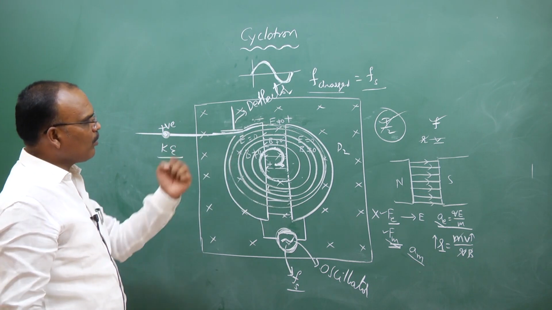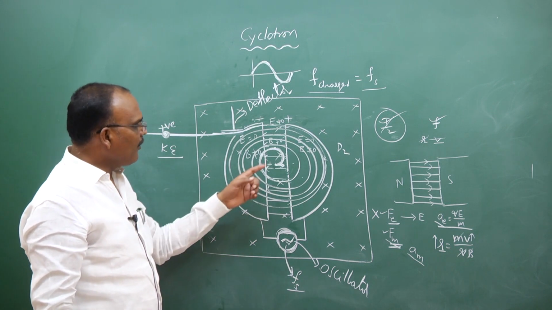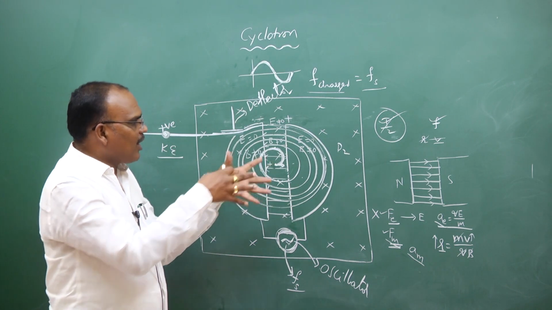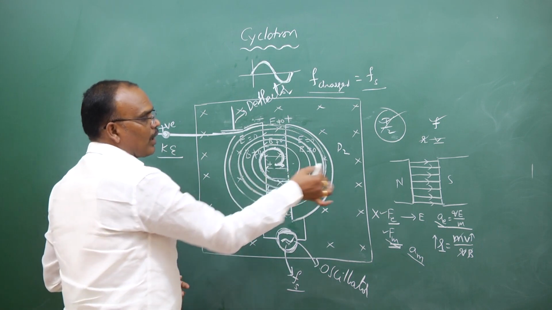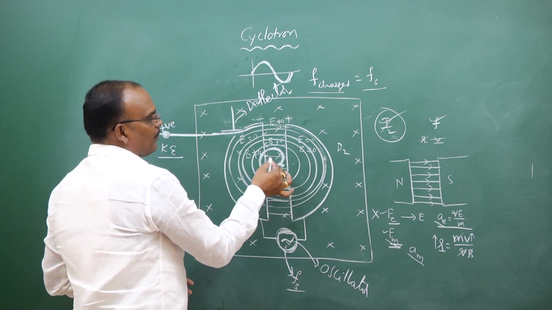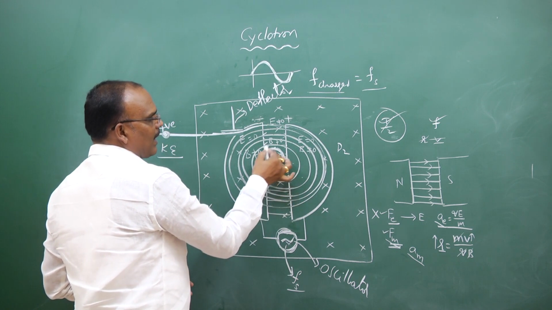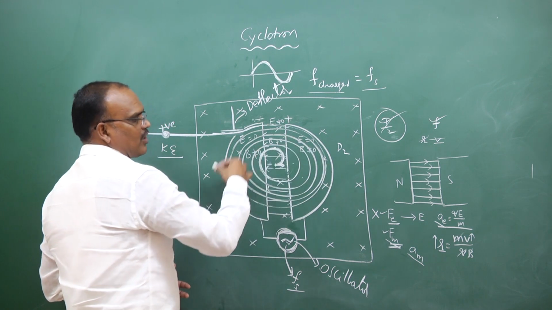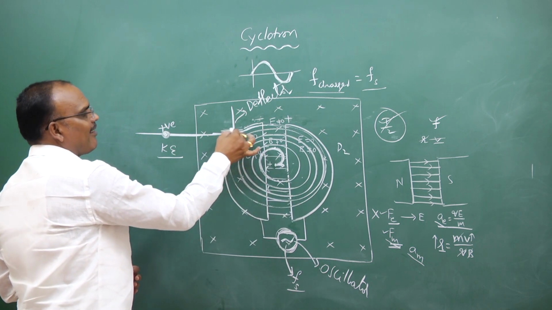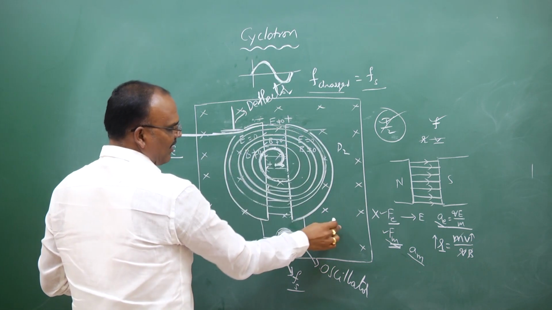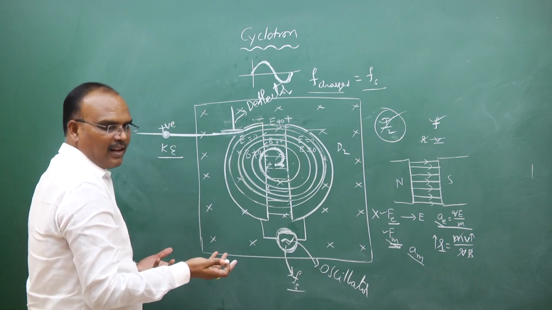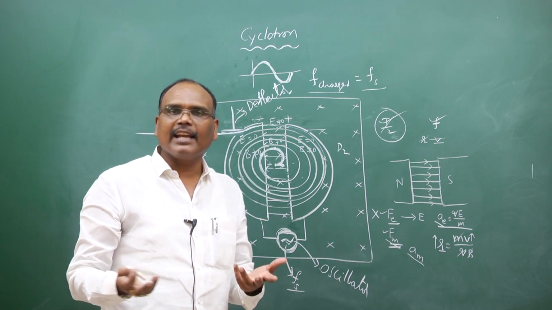This can be used for both positive and negative ions. If you take a negative ion, you have to apply the concept and you will get which direction it revolves. See here, in the magnetic field, the positively charged particle is moving in anti-clockwise direction. So we are going to have the exit here. Sometimes you may have the exit here, sometimes here. Finally, we need to collect high kinetic energy.